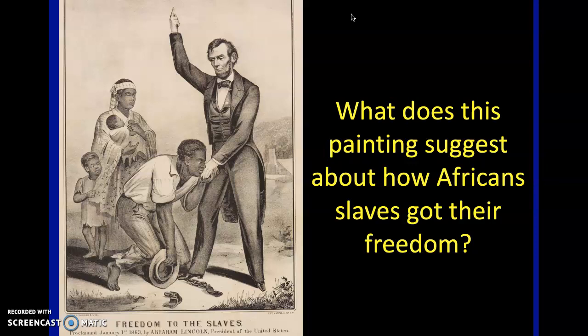So I want you to write that down as the first key word of the lesson. Emancipation. Emancipation. It means to free, to liberate, and that's one of his titles, the Great Emancipator. So have a look at that source and read the accompanying text.